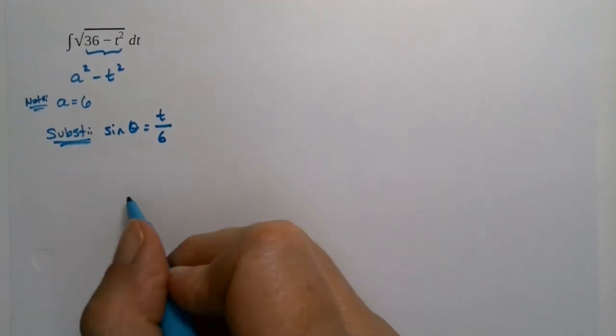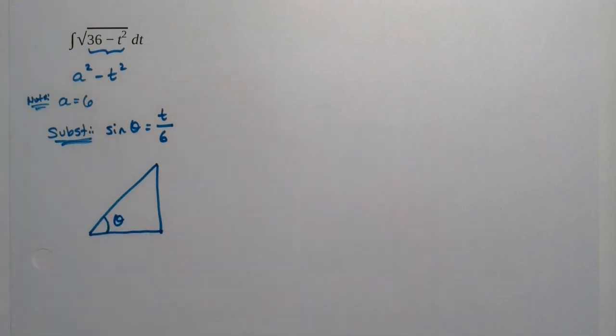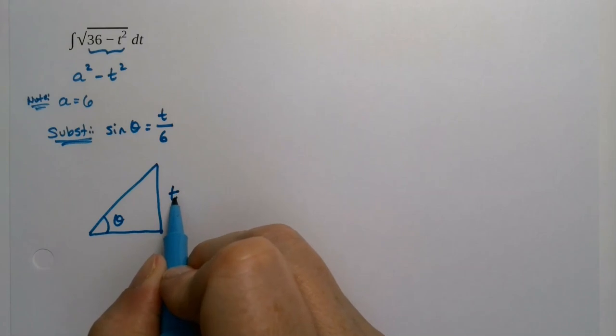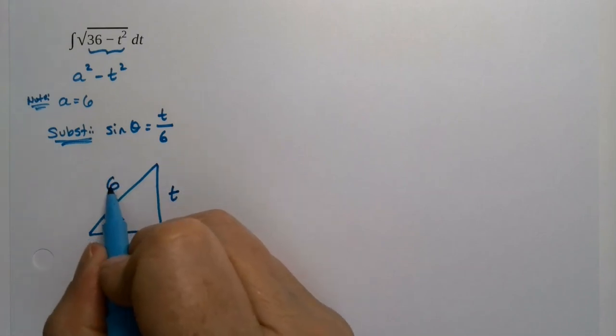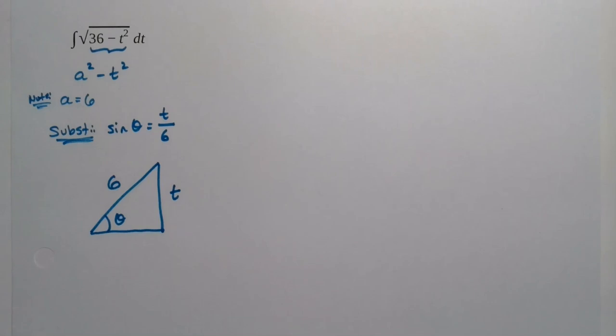All right, now I can build a triangle from that. I'll put theta right here. Sine is opposite over hypotenuse, so I know this side over here is t, and this side over here is 6. Lovely. Now I need to find that third side. I know what it is.